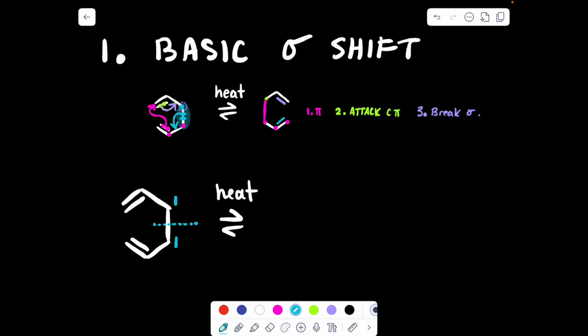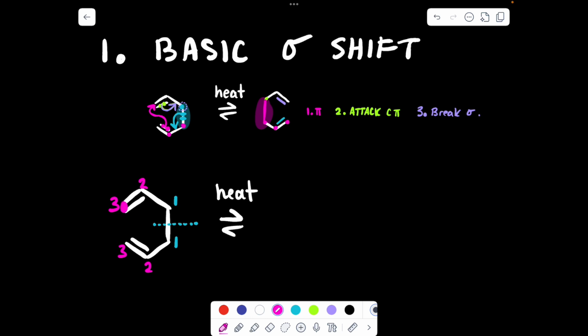Now you have to count outwards on each side until you reach the carbons that ended up forming a new sigma bond. So the 2 carbons that ended up forming a sigma bond were these 2 carbons. I need to count outwards until I reach this carbon and that carbon. So 1, 2, 3. 1, 2, 3.